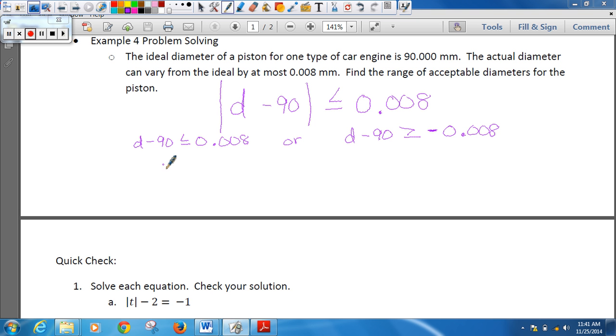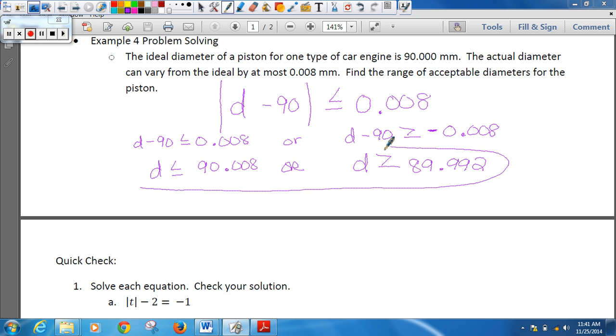To solve this, I would add 90, so d has to be less than or equal to 90.008, or d has to be greater than or equal to 89.992. So, if I look here, my answer is this.